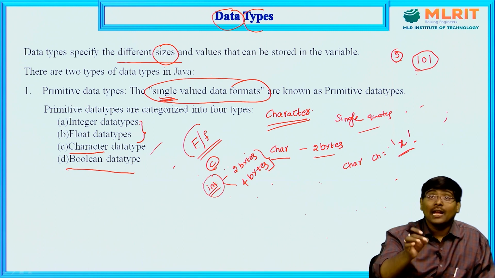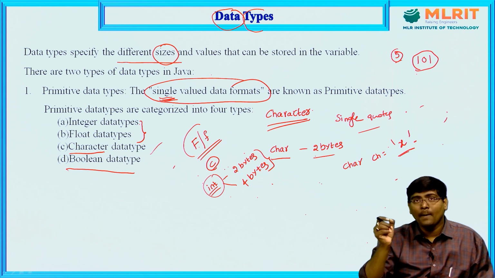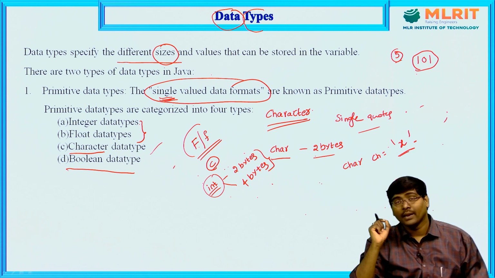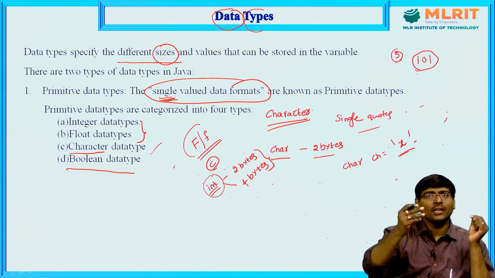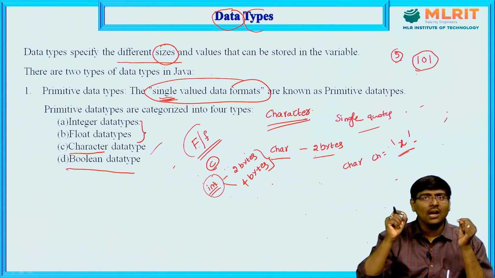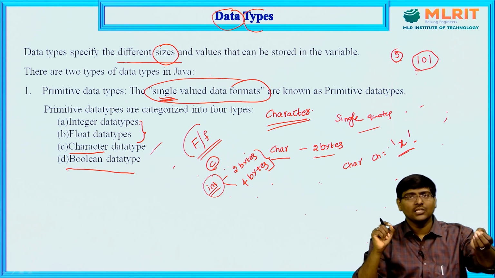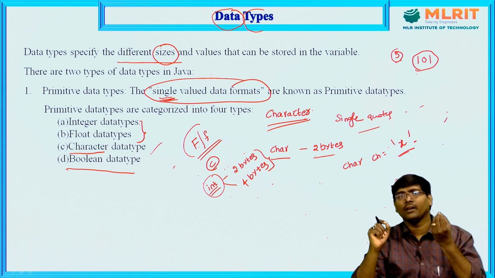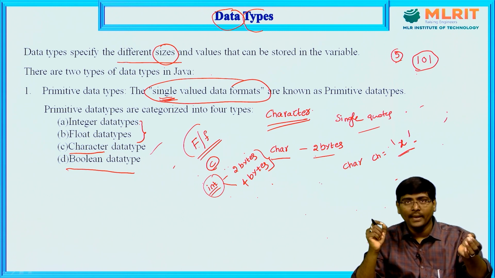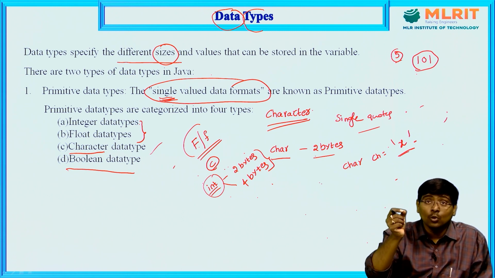But coming to Java, Java is platform independent. You remember the point? That means for generation of the bytecode, Java does not depend on the operating system or the architecture. So obviously Java is platform independent and at the same time architecture neutral.